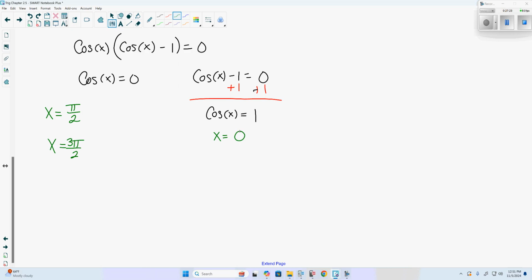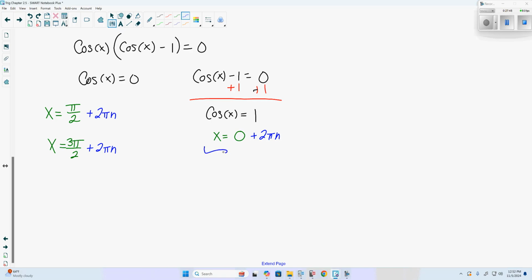That'd be it. If we wanted to find all the possible solutions, we just have to add its period back in times n. Since the period of cosine is 2 pi, we add 2 pi n to get all of our coterminal angles.